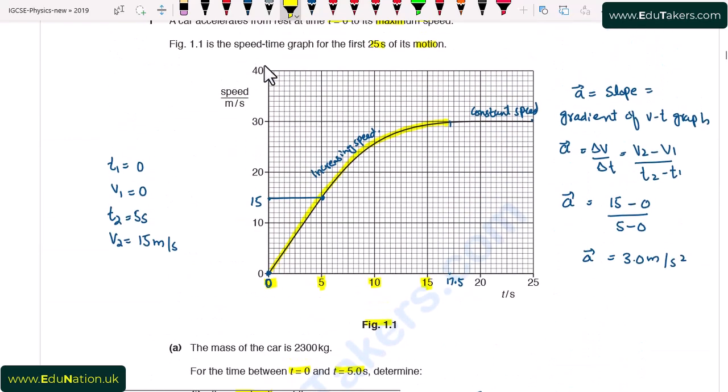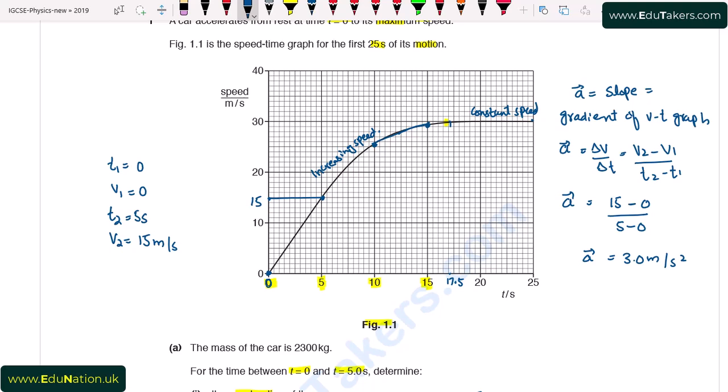We can see that there is a curve that shows the speed-time graph. Starting from this point and ending at this point, this curve we obtain. This curve is showing that the speed of the car increases.